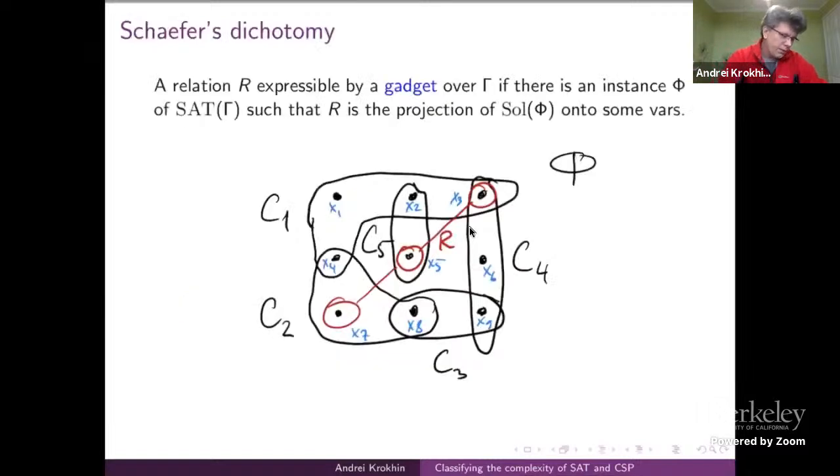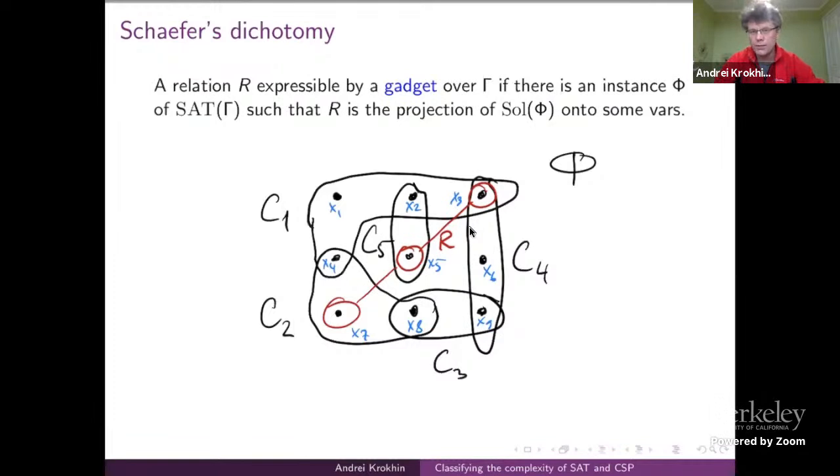Now, what Schaefer did, he worked with gadgets. So he defined some relations from other relations by gadgets. So let's say that a relation R is expressible by a gadget over your given set gamma if there is an instance phi, which is drawn here, of SAT gamma, such that R can be obtained as follows. You look at all solutions to your instance.